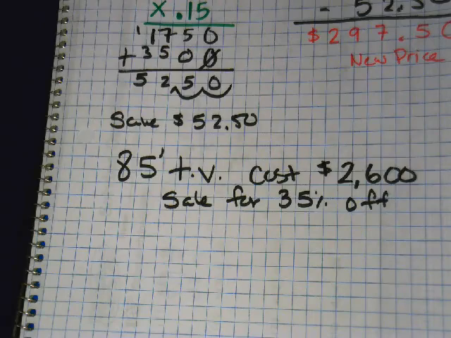What do I do? What do I multiply? The 2,600 times 35. How do I write 35 as a decimal? 0.35.